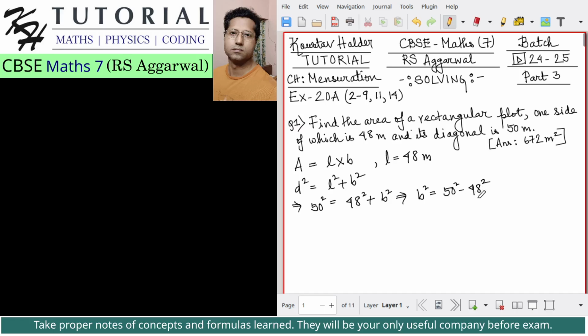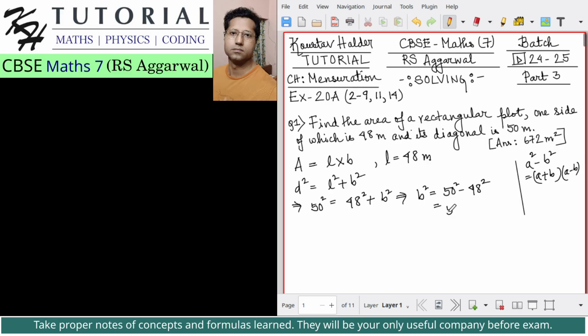But if the two numbers are two-digit numbers, then you must apply the algebraic identity that you have already learned, that a square minus b square is equal to a plus b multiplied by a minus b. This algebraic identity you must apply.